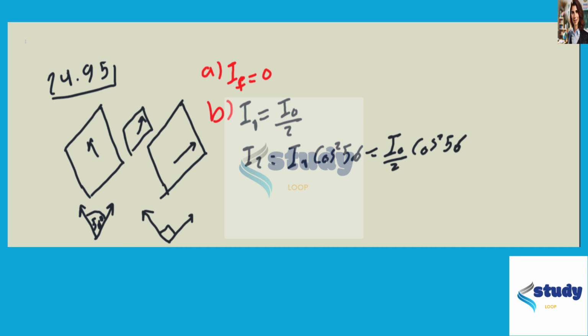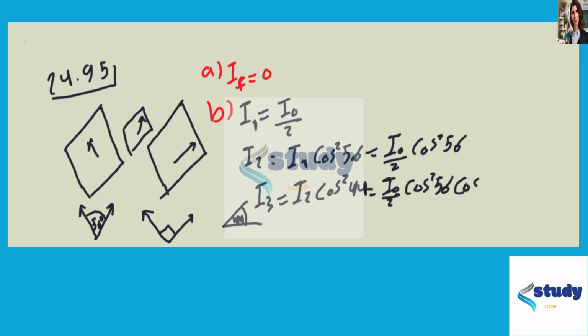So when it goes through the third polarizer, the angle here will be 90 minus 56, which is 44. So I3 will be I2 cosine squared 44, which is I naught over 2 times cosine squared 56 times cosine squared 44, and this gives us the final answer, which is 0.08 I naught.